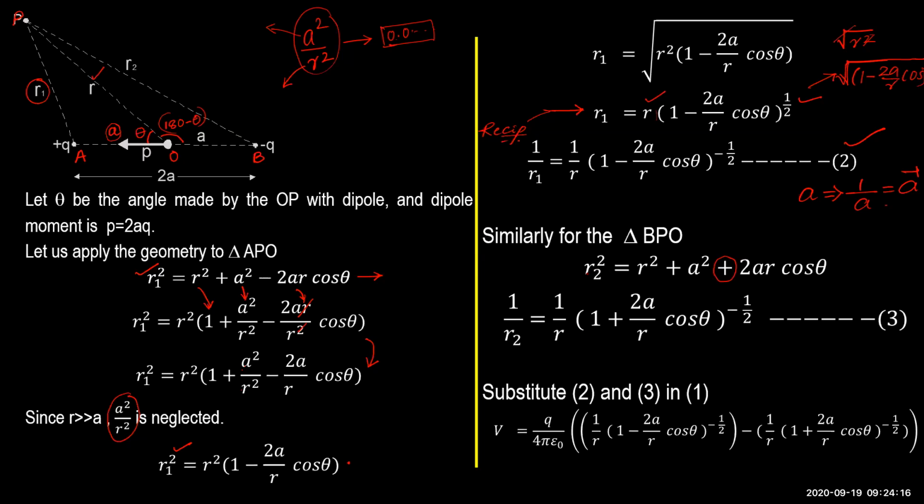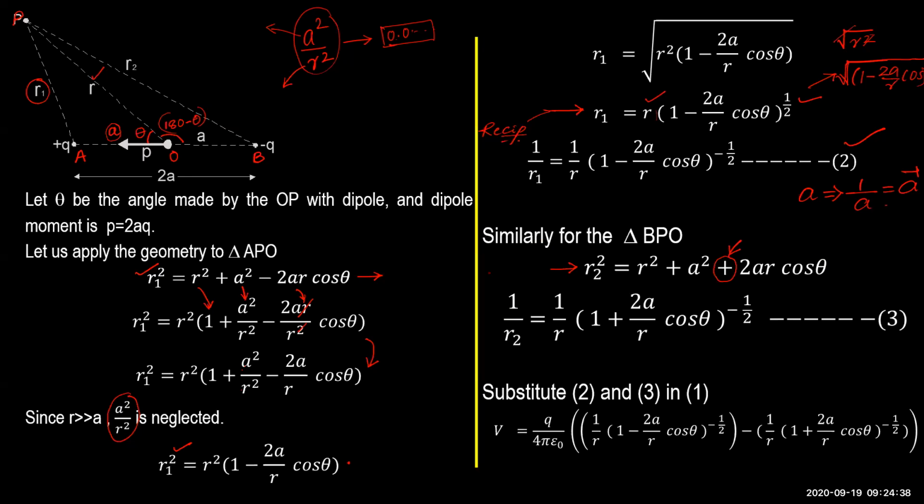Therefore the equation r2 square can be written, again in the same way, as r square plus a square plus 2ar cos theta. I think you understand why this plus came, because of the angle there, 180 minus theta.